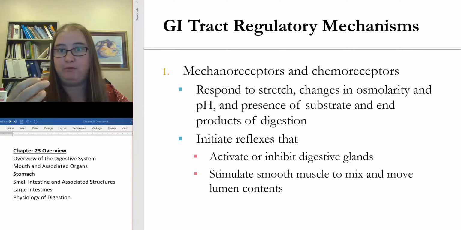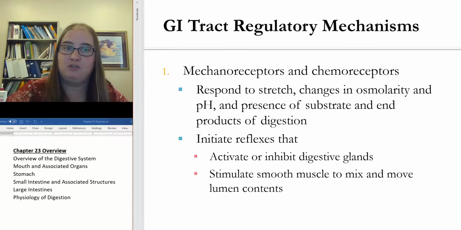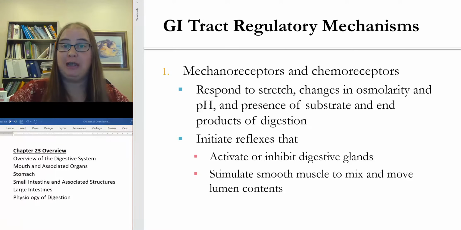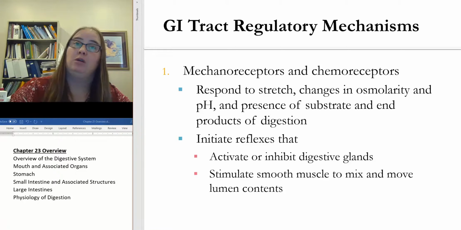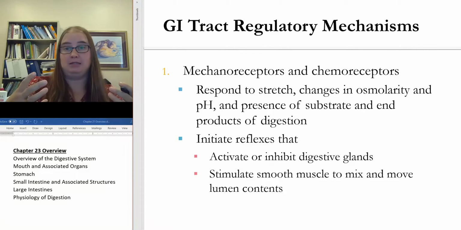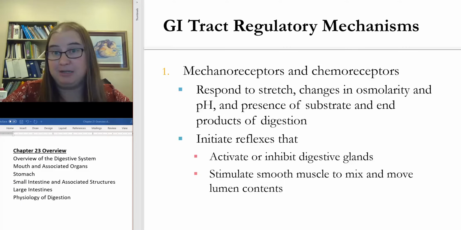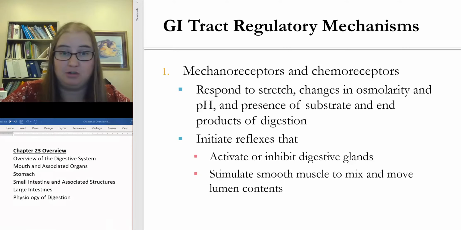As you put more food in it, your stomach will start to stretch. That process of stretching triggers mechanoreceptors. But now you've also changed the chemical environment of the stomach, which will also trigger our chemoreceptors. So the process of the digestive system, or the gastrointestinal tract, will be triggered.